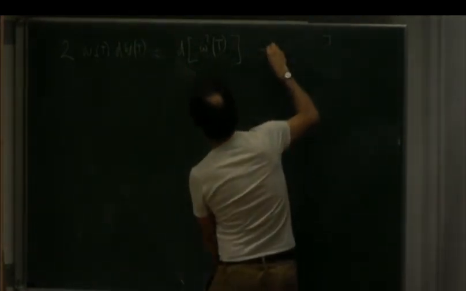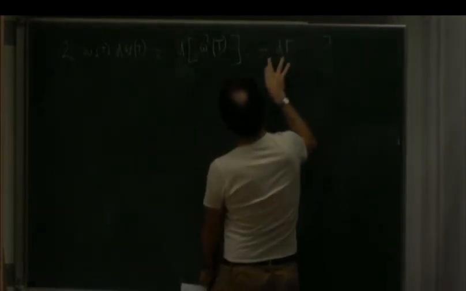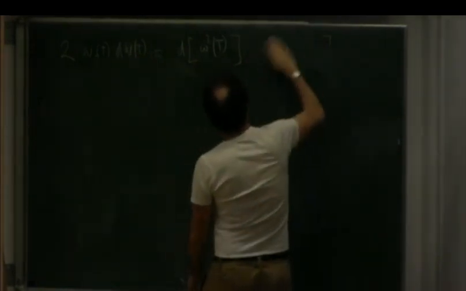Let me multiply everything by 2. Multiply by 2, minus dt, so I'll take the dt and put it there. So this is plus dt.